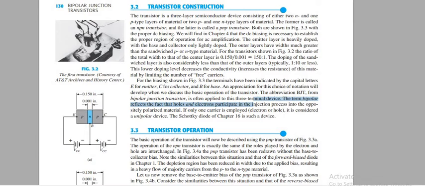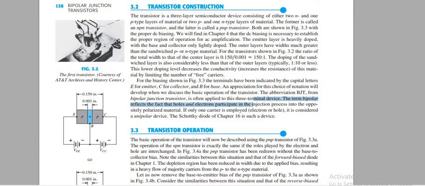We also went through the PN junctions. P stands for positive and N stands for negative, or in other words, P indicates the majority of holes and N indicates the majority of electrons.